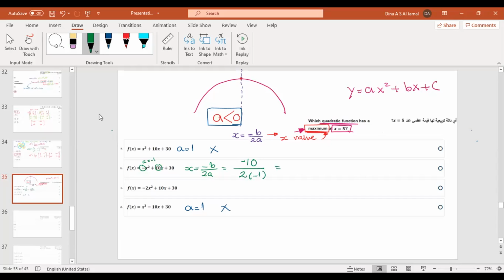That means it should be 5. And with this, I can know that this is my solution. If you would like to cross-check, you can find this -10 over 2 multiplied by -2.